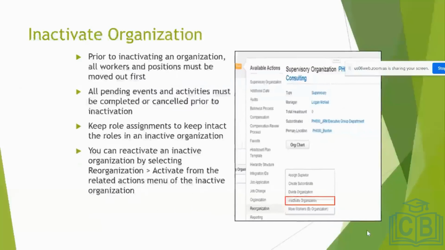So the next thing that we are going to be seeing over here is inactivating an organization. Like I said, if I feel that our organization is going inactive, I will choose the option called inactivating an organization.